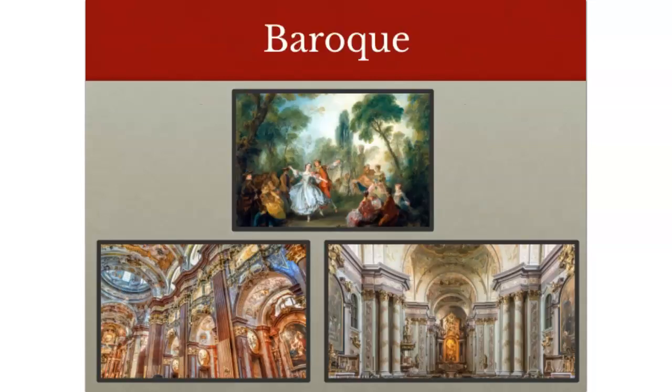This painting in the upper part of the slide is kind of a Baroque Rococo style painting, and then inside or below it are the interiors of the churches designed by Neumann.